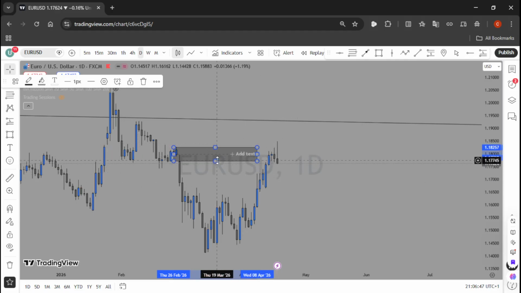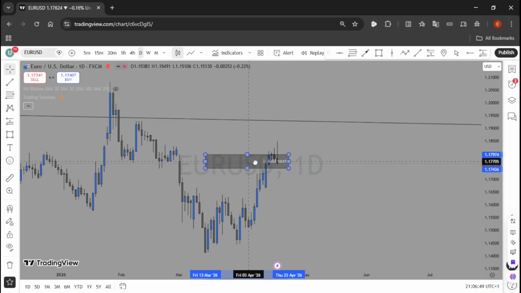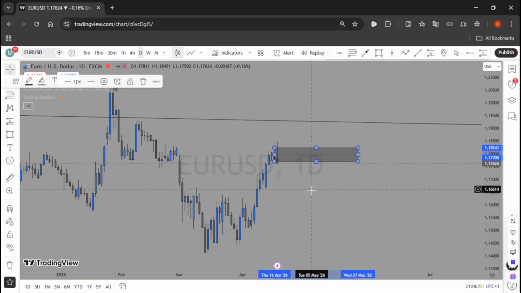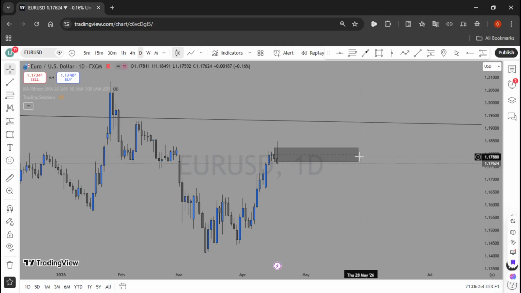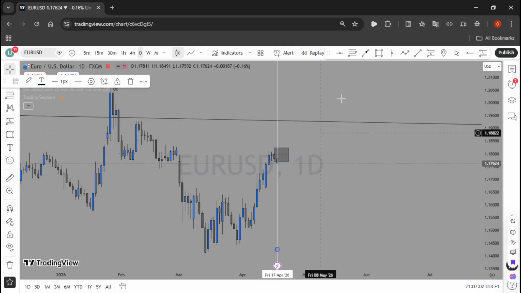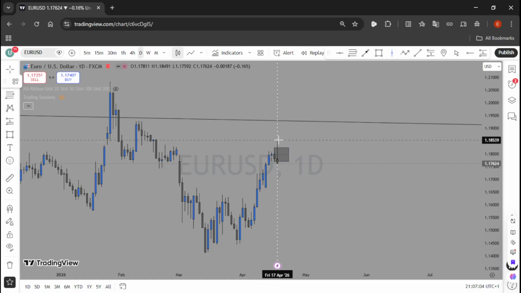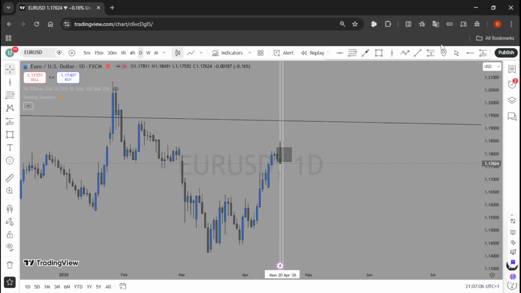So let's look at this. How would I approach the market? So this is the way I approach this market. I map out the range of the previous candle, which was engulfed, and I use lines to separate them. So I'll explain why I'm doing all this.